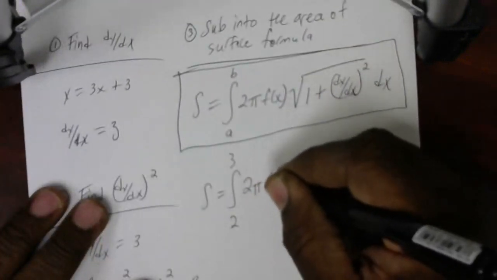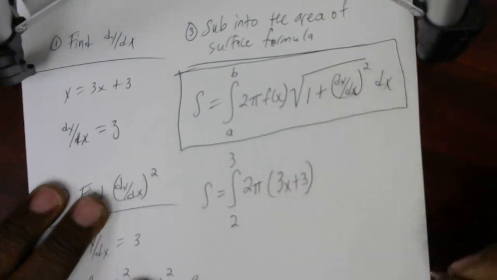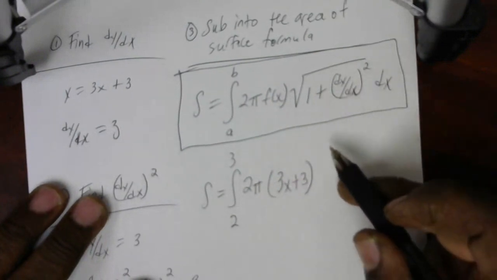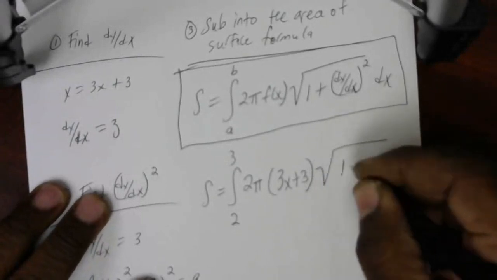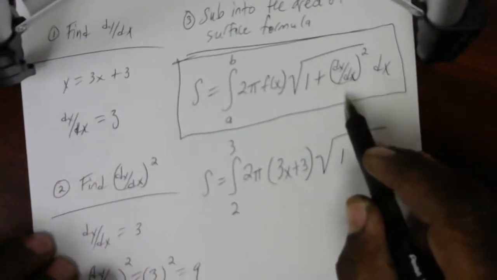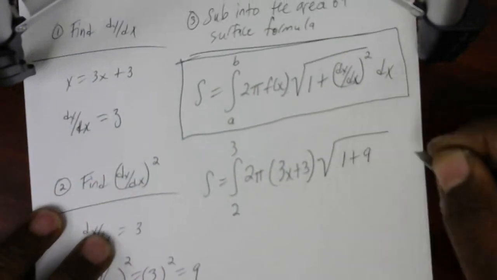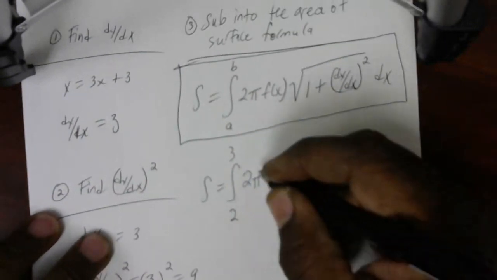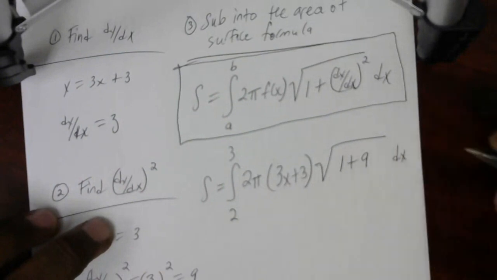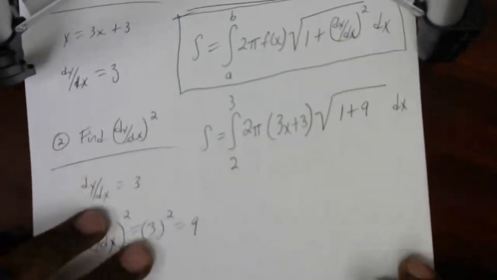So I'm going to put that in a set of parentheses times the square root of 1 plus the derivative squared, which is 9, dx. Okay.